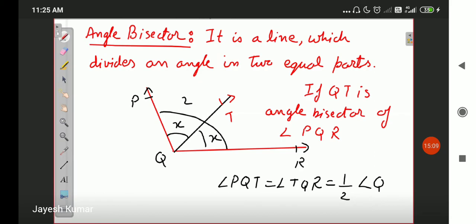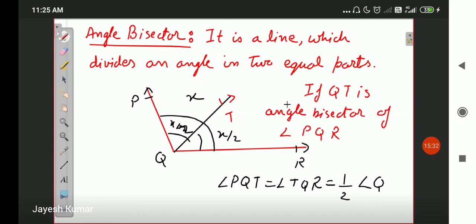Or conversely you can say that if this whole angle is x, then this angle will be x by 2, and this part will also be equal to x by 2. That is the meaning of angle bisector. It divides an angle into two parts of equal degree.